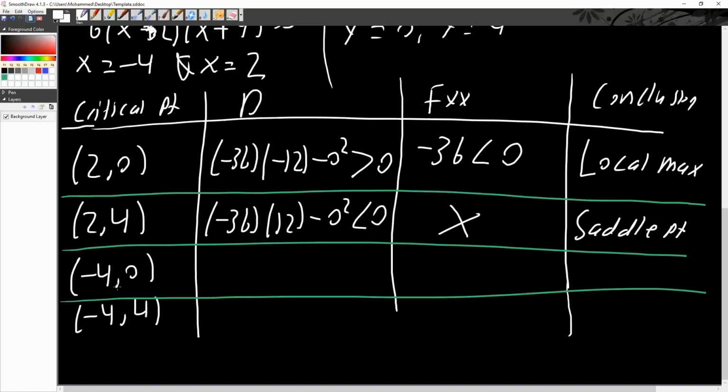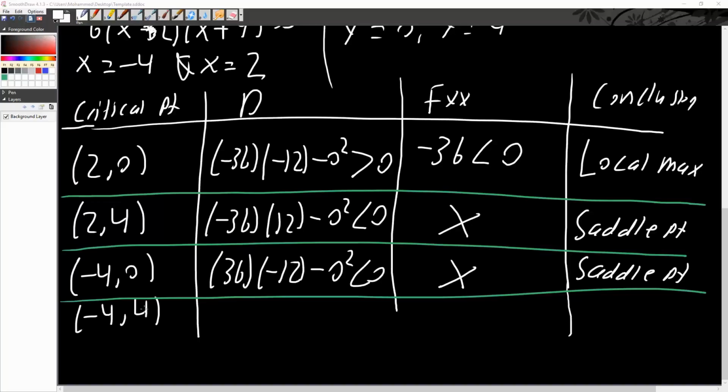Likewise, we plug in negative 4, 0, and when we plug it in, we would get 36 times negative 12 minus 0 squared. Once again, also less than 0, so we don't need to worry about fxx. It's automatically a saddle point.